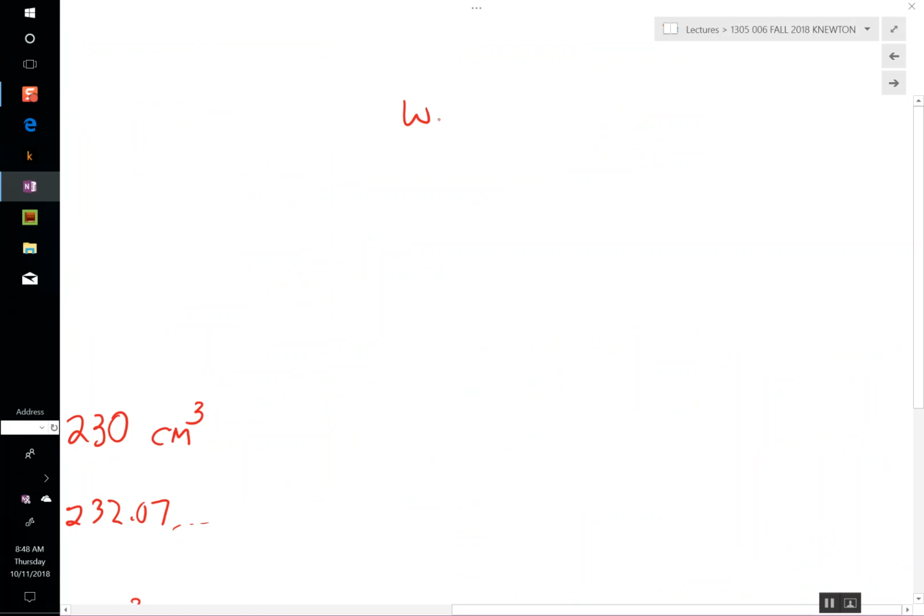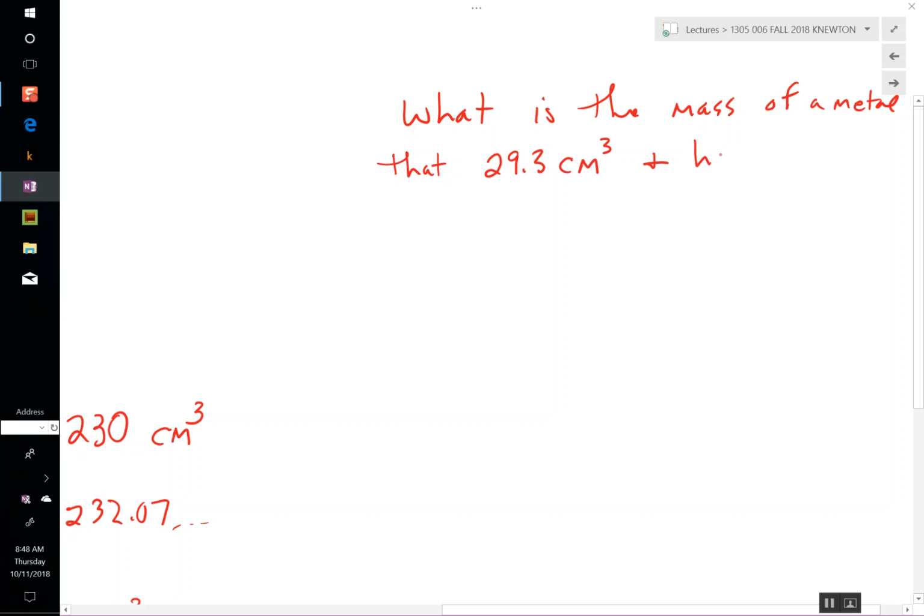Let's do one other. Solve this problem. What is the mass of a metal that is 29.3 cubic centimeters and has a density of 4.57 grams per cubic centimeter?